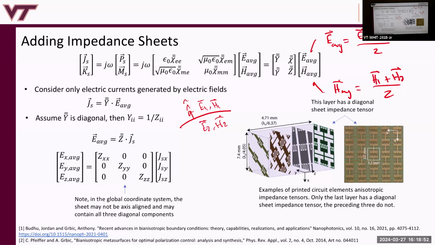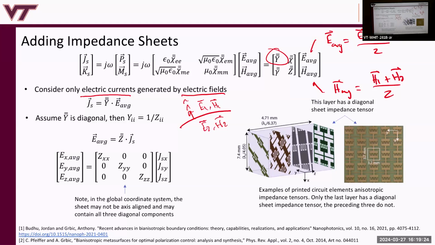So anyway, if we have an impedance sheet that supports only electric currents that are generated by only electric fields, only the Y is non-zero, right? Every other tensor is 0 because we only want to allow electric currents to exist, and they can only be driven by electric fields. The electric current should not be able to be driven by a magnetic field in this particular case, so chi has to be 0. And we don't want any magnetic current, so these both have to be 0, even though there will be an electric and magnetic field present, right?